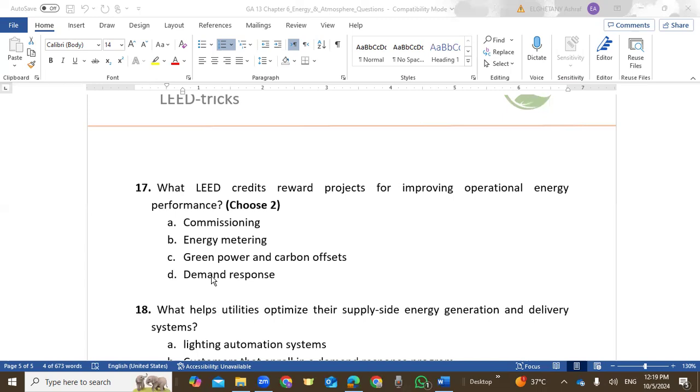No. I reduce demand. But commissioning gives me efficiency because I make sure of the system inputs and outputs, and that the metering is in a proper range. If there is any leakage or something happens in the system itself, I make sure the machine is working in a proper way. So commissioning, energy metering. Remember it.